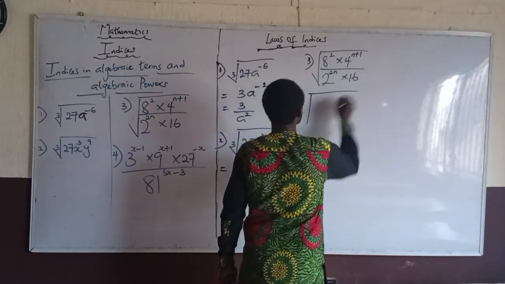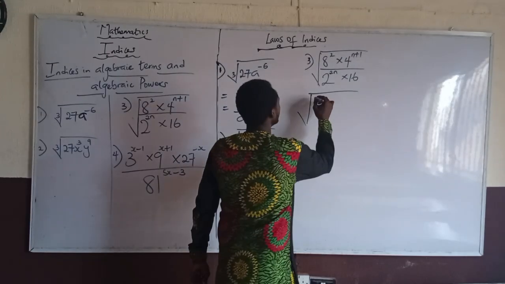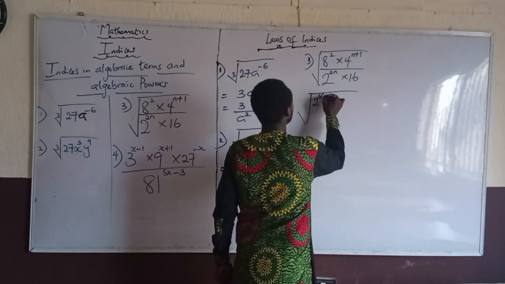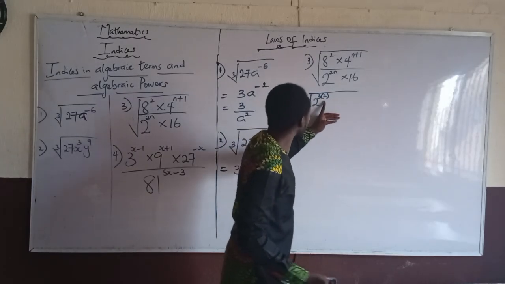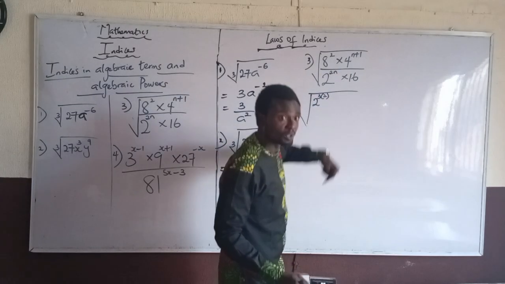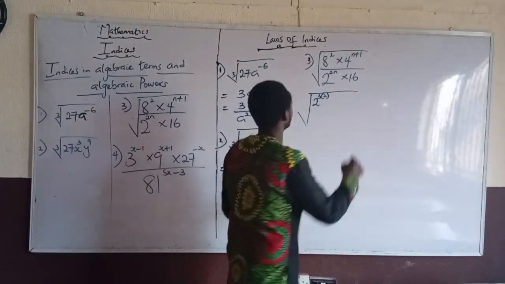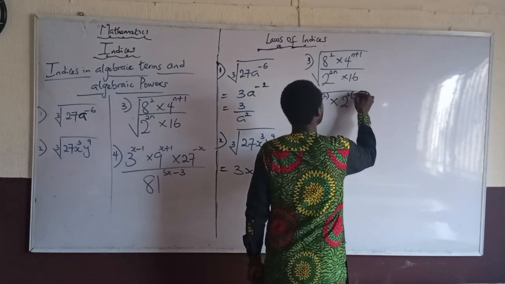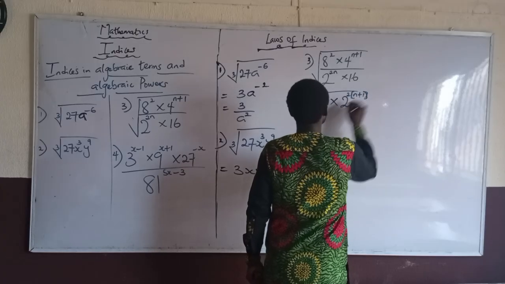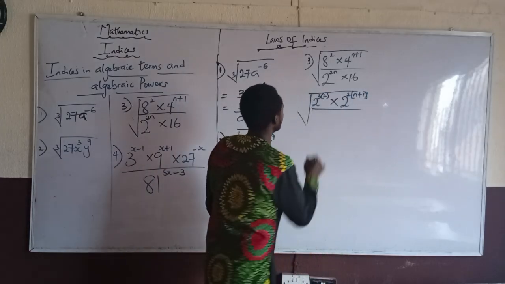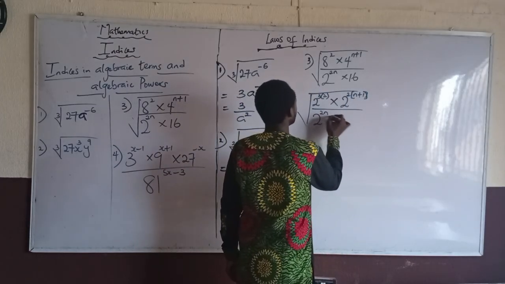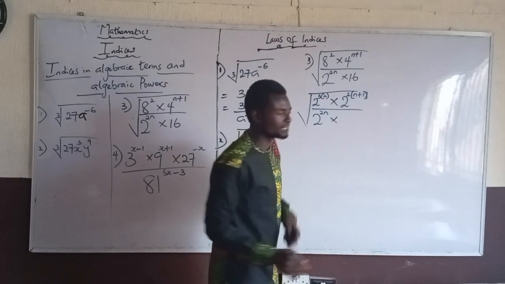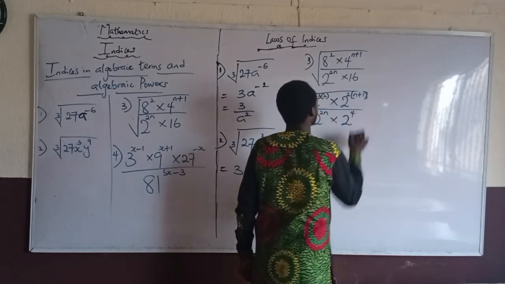So here is square root. 8 is 2 raised to power 3, then multiplied by 2. This 2 was the 2 that came with the question. Times 4 is 2 raised to power 2, and I have my n plus 1. Divided by 2 raised to power 2n times 16, which is 2 raised to power 4.